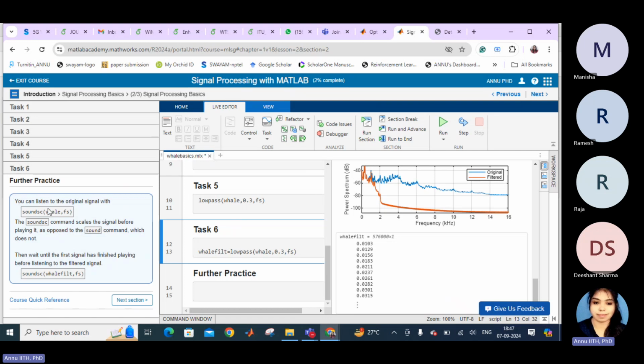So you can listen to the original signal with this one. The soundsc command scales the signal before playing it, as opposed to the sound command, which doesn't. Then wait till the first signal has finished playing before listening to the filtered signal. It scales actually.